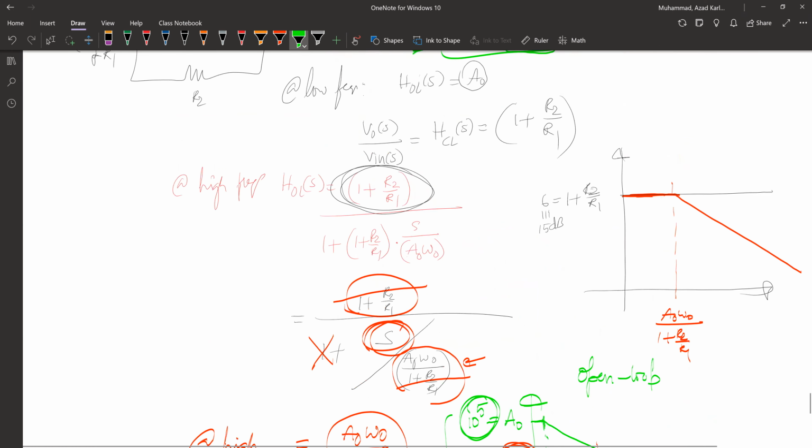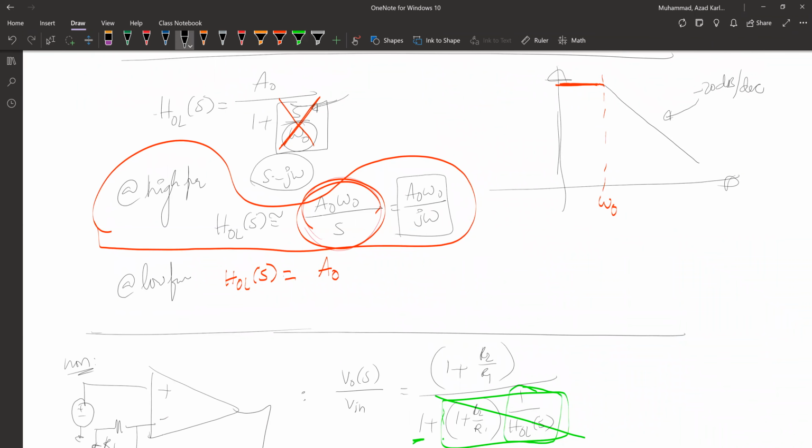Now remember this is how the open loop behaves at high frequency, correct? So if I try to take the gain of that open loop transfer function, what would I get? I'll get the magnitude of this, which is nothing but A naught omega naught over omega.